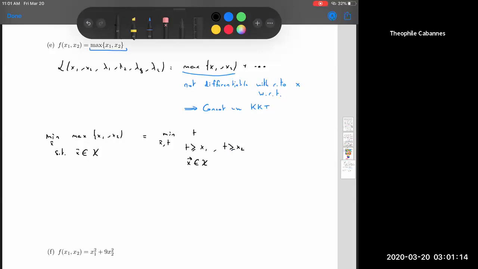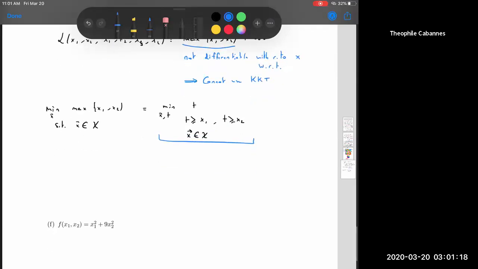And so now if I have this problem, I can express the Lagrangian of this problem, which is L of t, x, lambda, which is t. So this is the objective function, plus all the previous constraints.